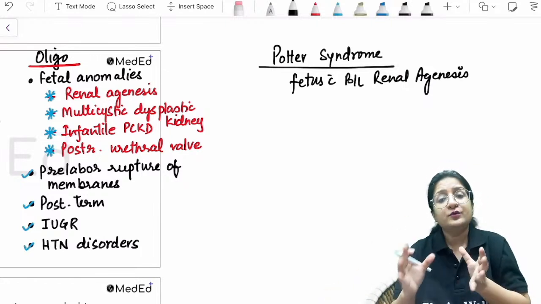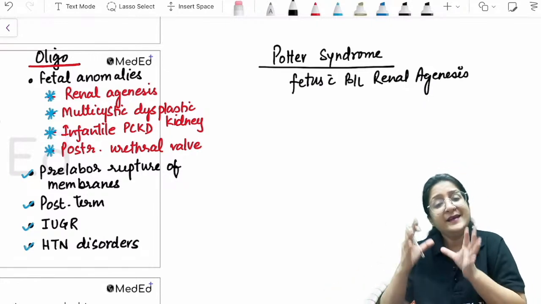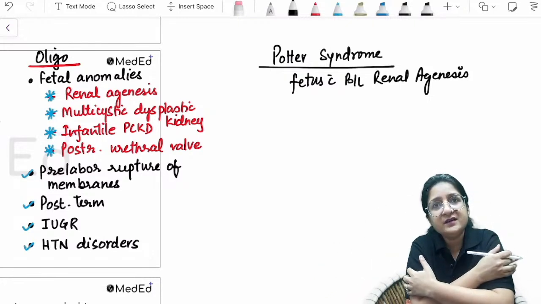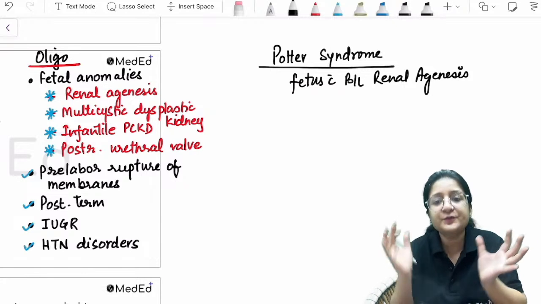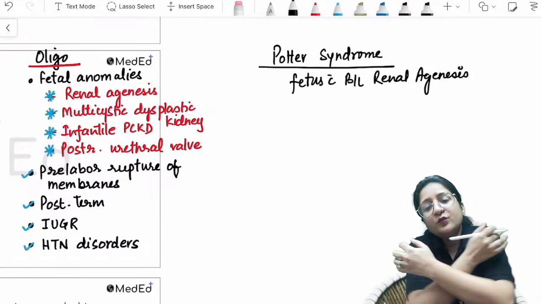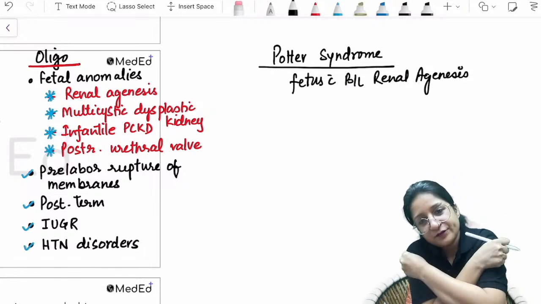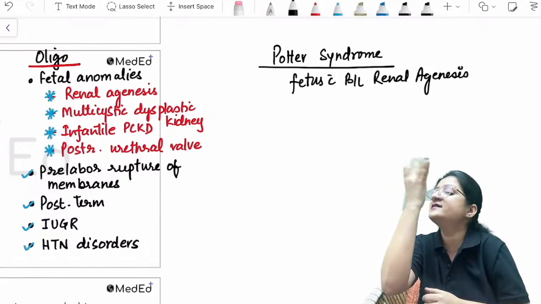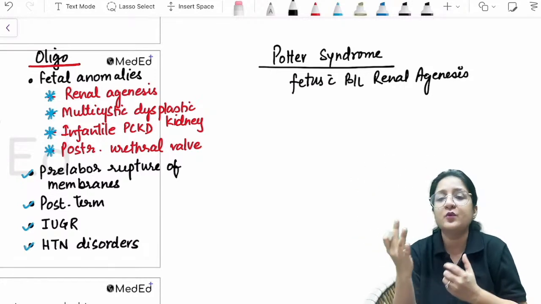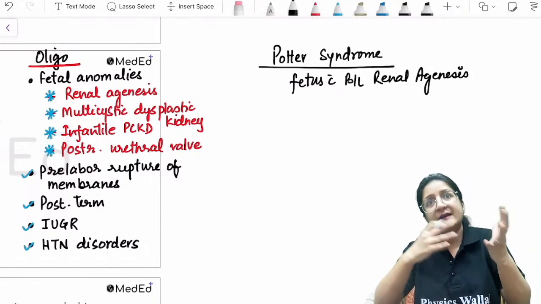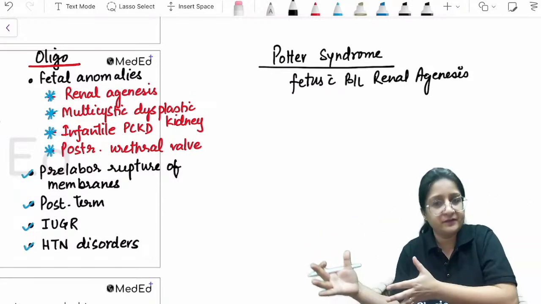So there is going to be nil liquor, nil amniotic fluid from 18 weeks onwards. Now that fetus is inside the uterine cavity with absolutely no liquor, right? So obviously the baby can't move inside, the limbs are contractured like this, they stay like this, the face is pushed against the uterine wall, right? The lungs cannot expand properly, so it can lead to a sequence of events, right?